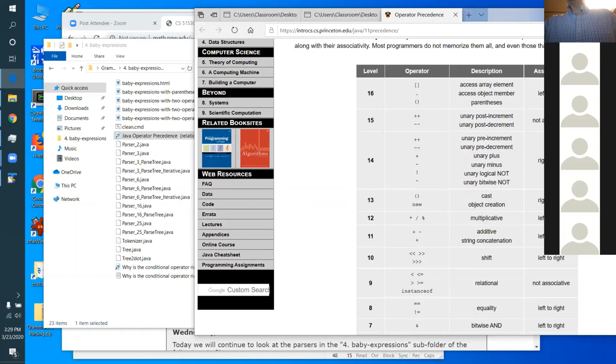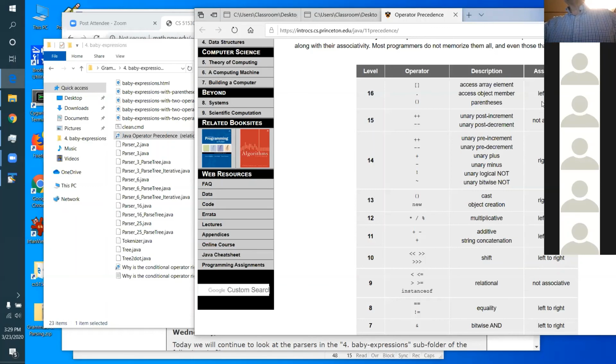They also set the associativity. Now notice that there are three kinds. You could be left to right. Now he says left to right; I think left to right means left associative, and right to left means right associative. I'm not sure why he says it that way, since usually that's not the way people say it. If it's left associative, you do the operations from left to right.